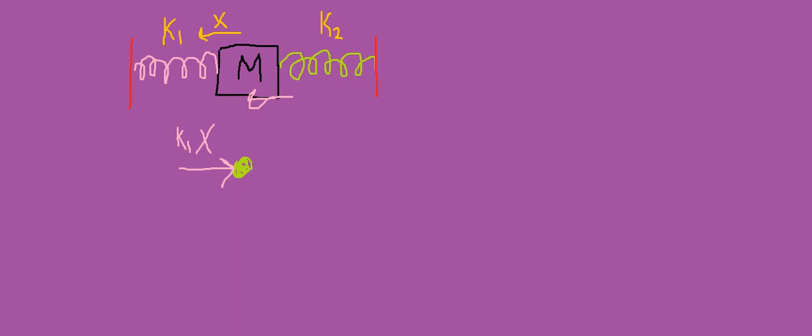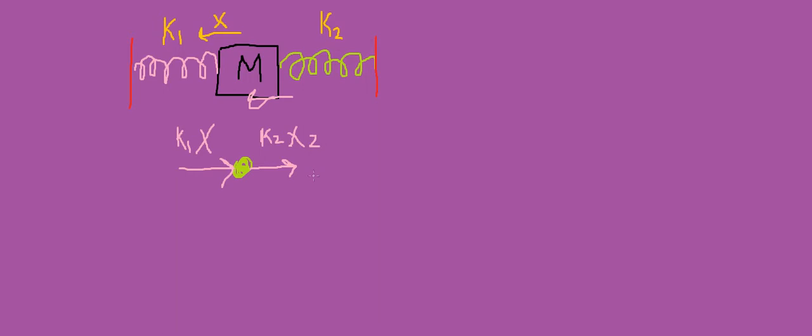So the restorative force of this spring would move the block back to the right, to its natural equilibrium position. If you represent that in the free body diagram, it would look like this: k2 x, right?